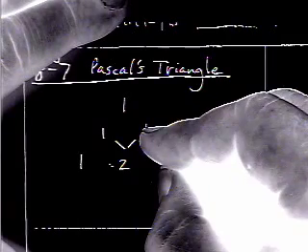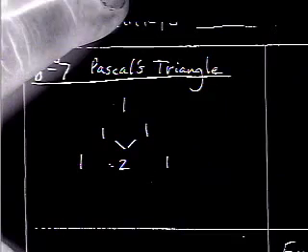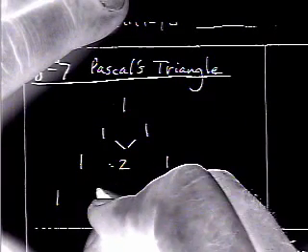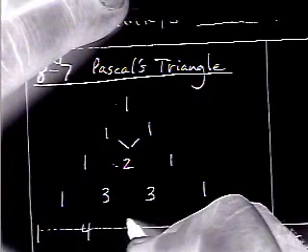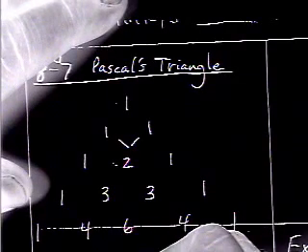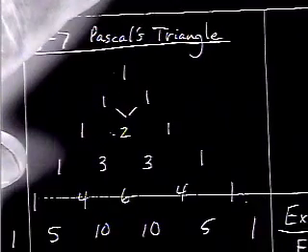The two entries above were added together to get the new entry in the row below. But every row started and ended with a 1. So the next one would be 1, and 1 plus 2 is 3, and 2 plus 1 is 3, and 1, and 1, 4, 6, 4, 1. And he was just having a fine time with Pascal's Triangle.